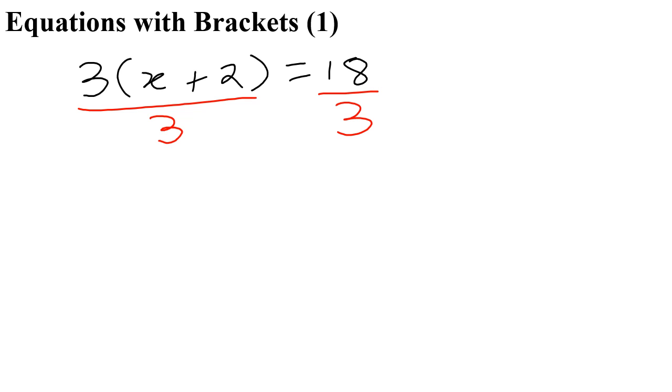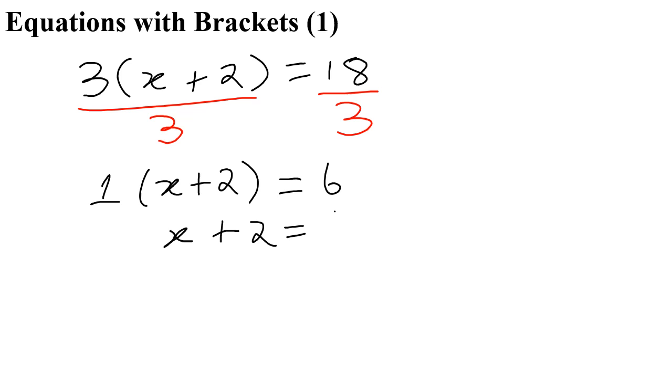That means that this 3 and this 3 will cancel, giving me 1 times x plus 2 equals 18 divided by 3 is 6. And timesing something by 1 keeps it the same, so I can just write that as x plus 2 equals 6. And now I get rid of the 2 by minusing 2 from both sides, so x equals 6 minus 2, which equals 4.